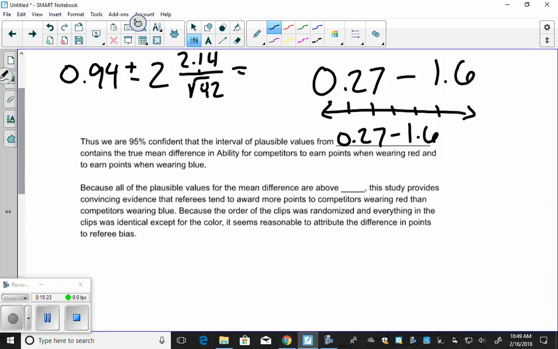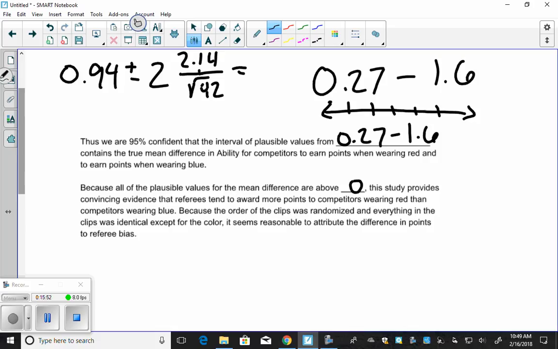Because all of the plausible values for the mean difference are above 0, it's a positive confidence interval.